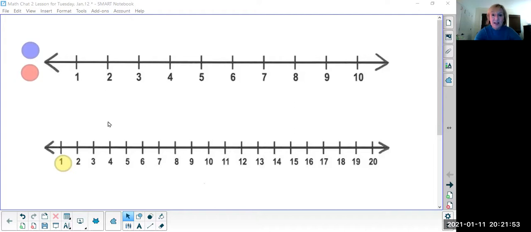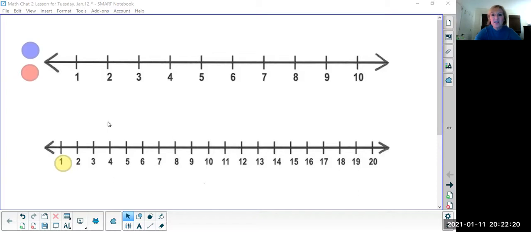And that is why we have to have 2 ten frames. One ten frame is for the group of 10. So let's fill that one in. You fill it in while I fill mine in too, okay? Ready? Fill in the whole ten frame because I've got one group of 10.